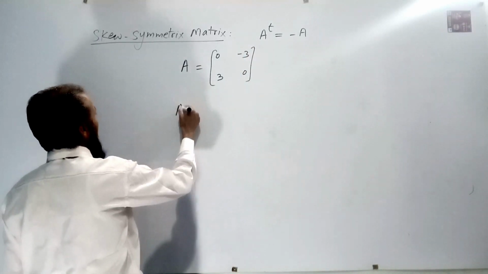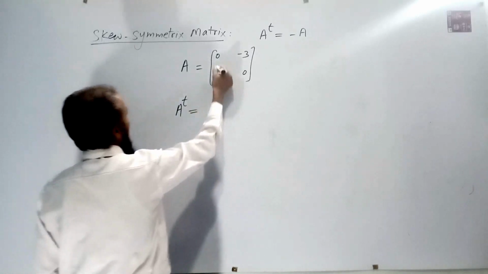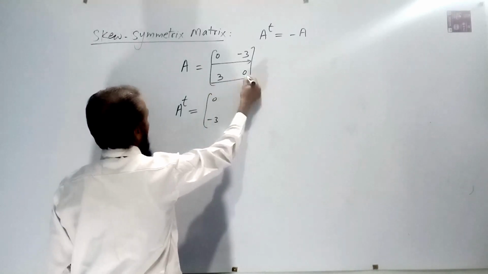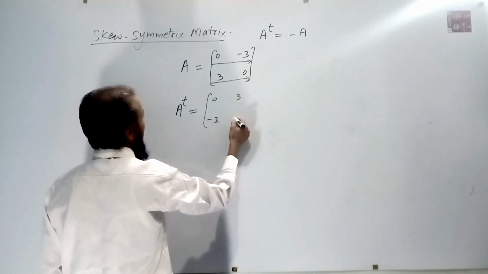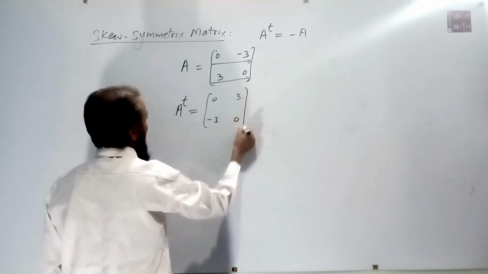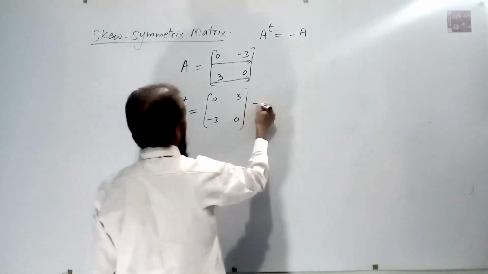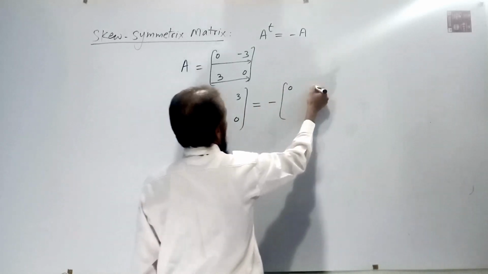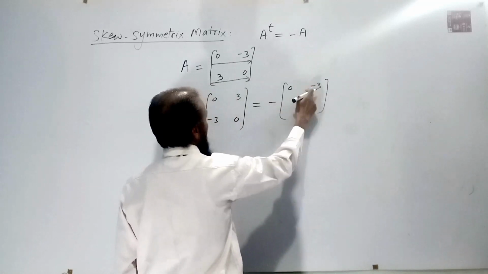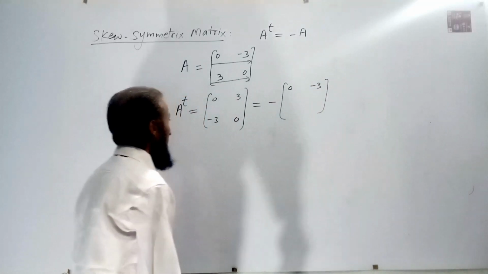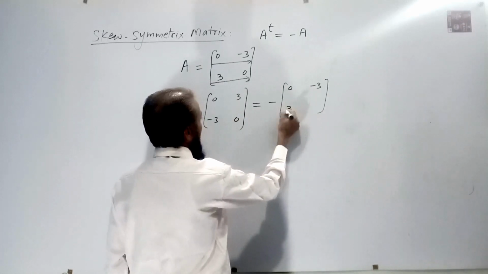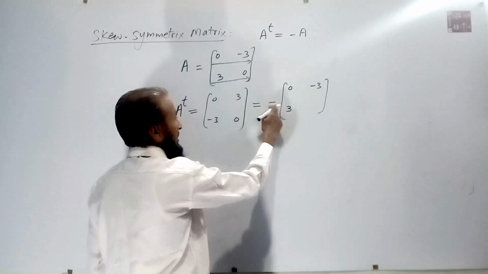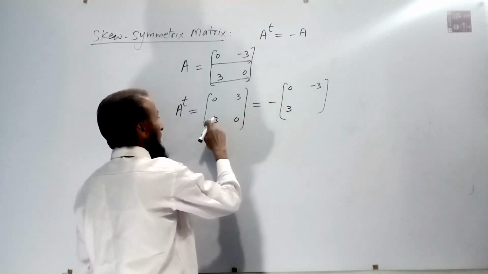Look here, if we take the transpose of the matrix, the rows are changed into columns. 0, minus 3. The second row is also changed: 3, 0. If we take minus common, this will be 0, minus 3, 3, 0, since minus into minus is plus, and plus into negative, minus into positive, the result is negative.